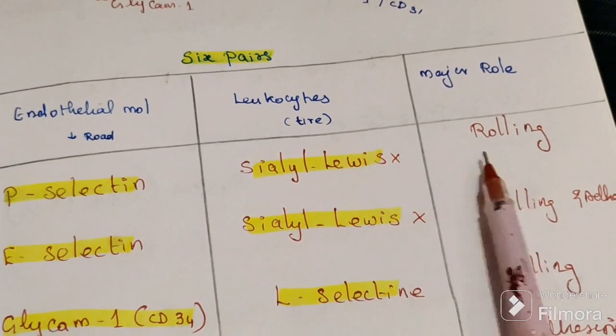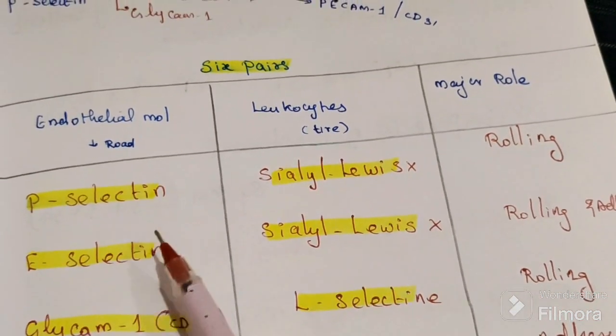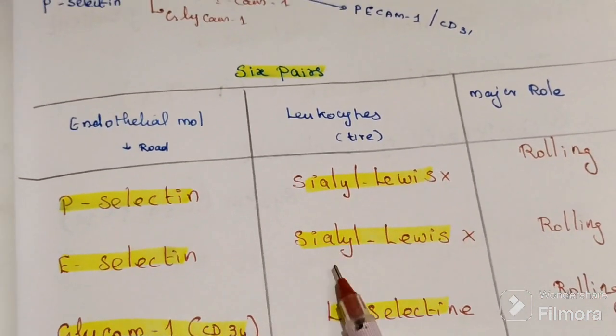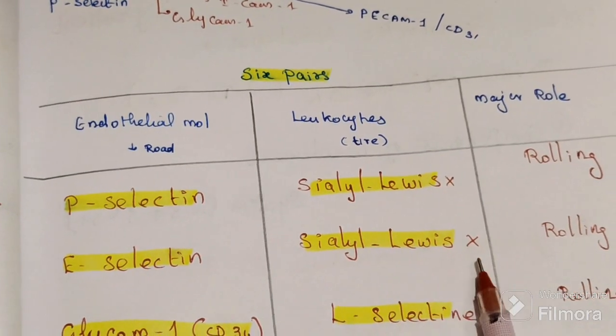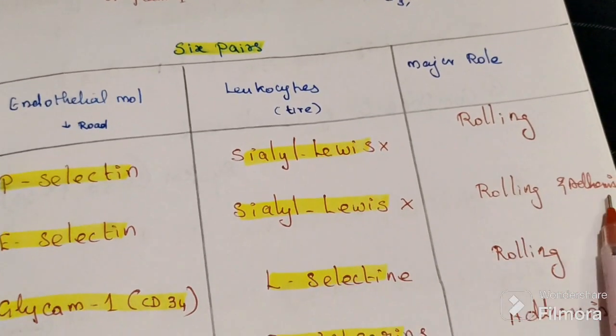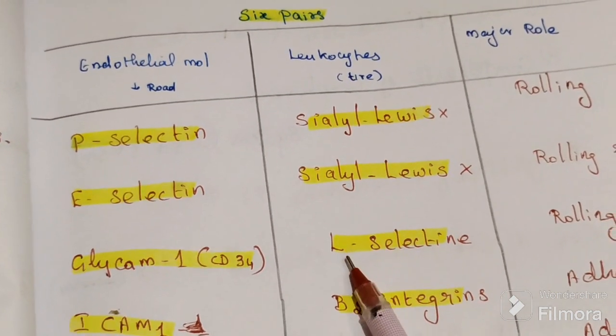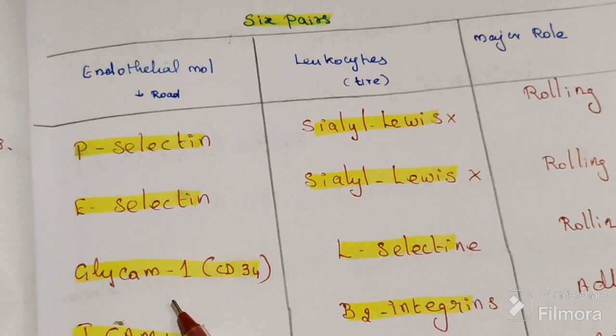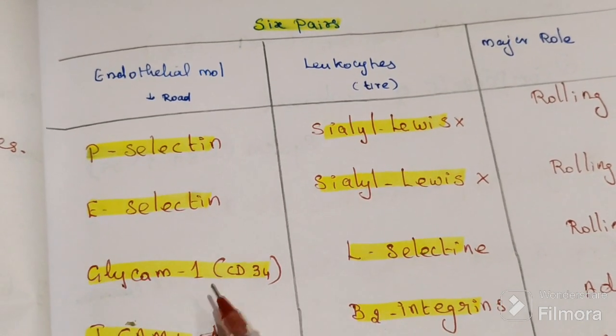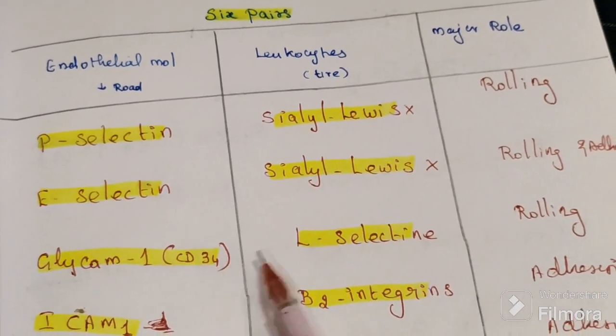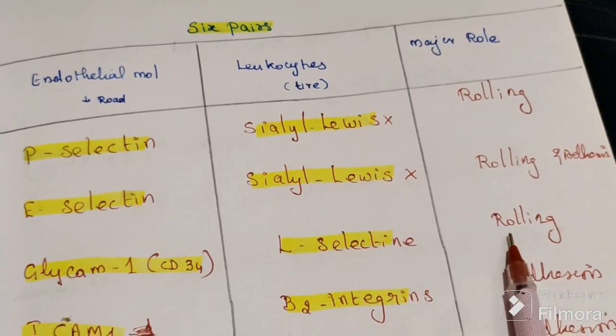What is the role? Rolling. This endothelial cell has E-selectin and sialyl Lewis X, for both rolling and adhesion. The third one is the leukocyte having L-selectin. This one has CAM1, with another name, CD34. Its role is rolling.